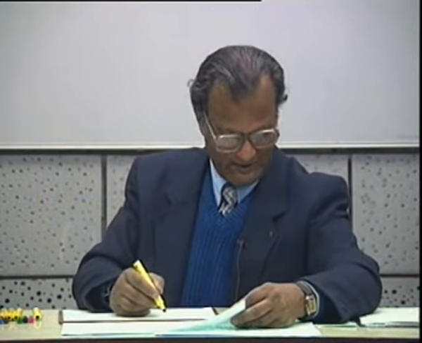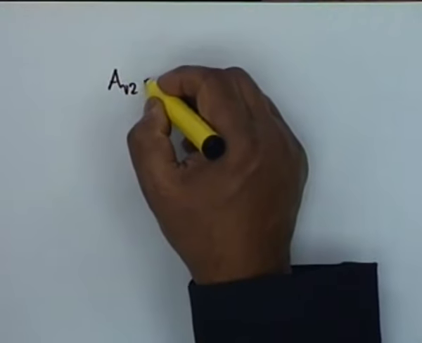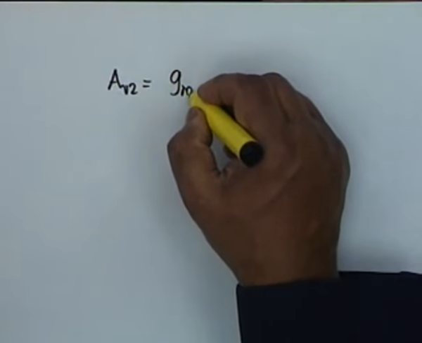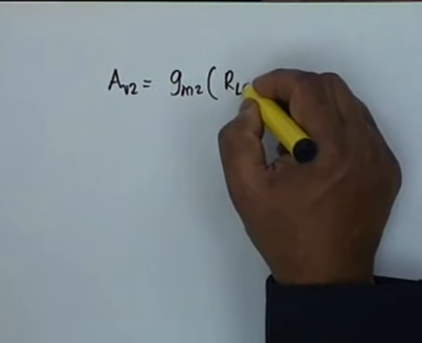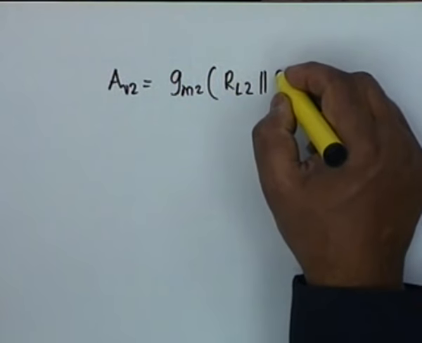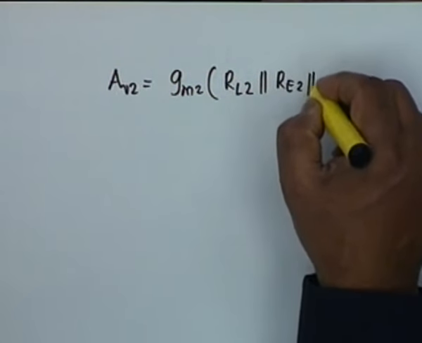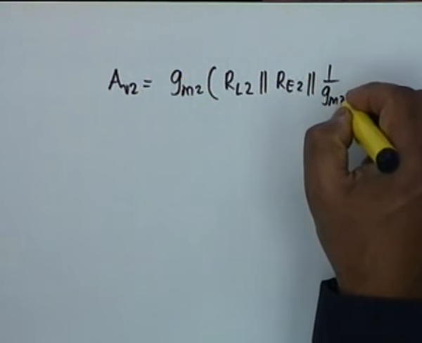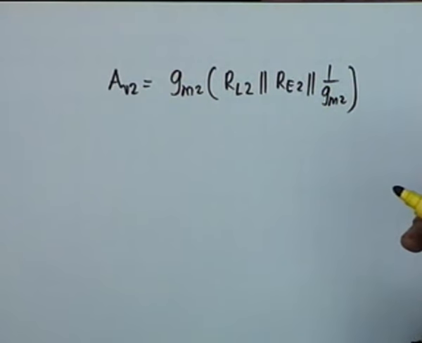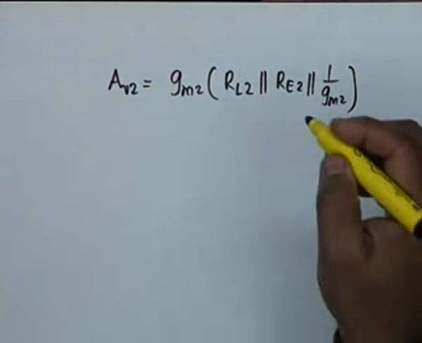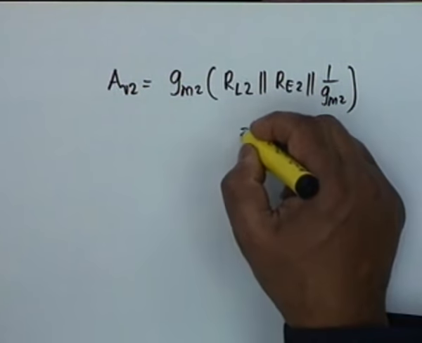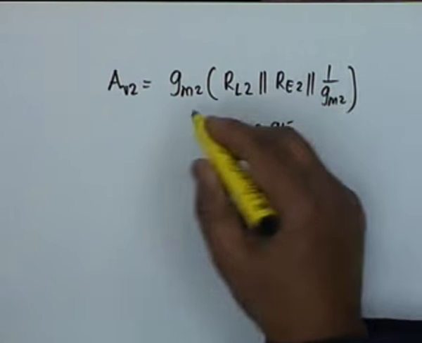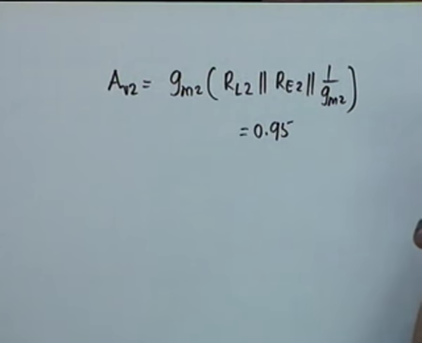If you recall, for the common collector amplifier, AV2 is GM2 multiplied by RL2 parallel RE2 parallel 1 by GM2, and this is approximately equal to unity. We know GM2, RL2, RE2 and 1 by GM2. This comes out as 0.95, which is pretty good.